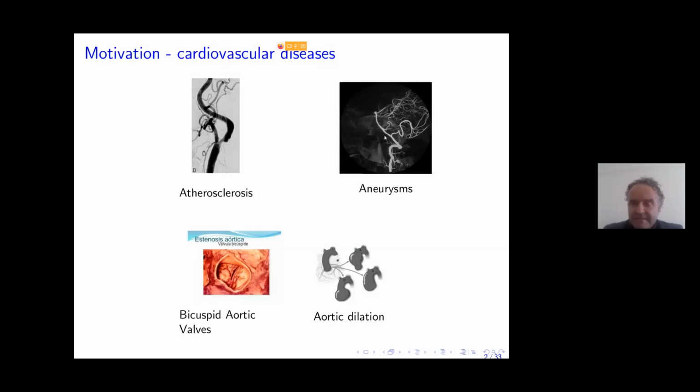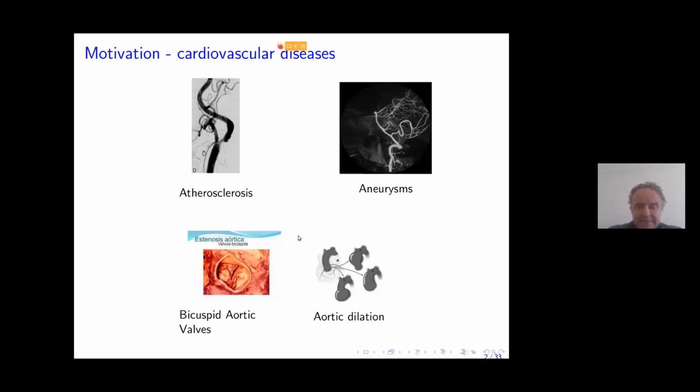So this is not as common as a cause of death as atherosclerosis, but still one in every 20 persons will have an aneurysm, and then some of them will have a rupture of the aneurysm. So another type of cardiovascular disease is congenital heart disease.